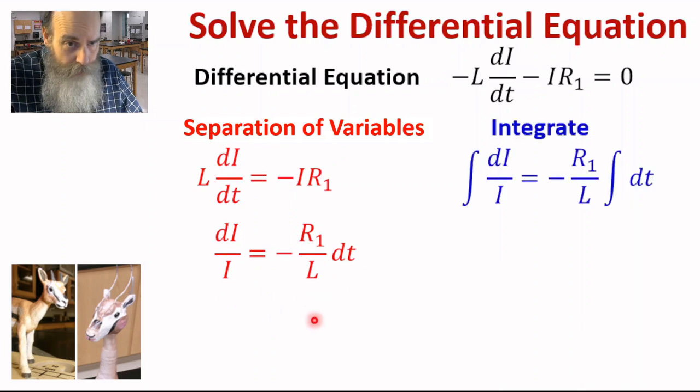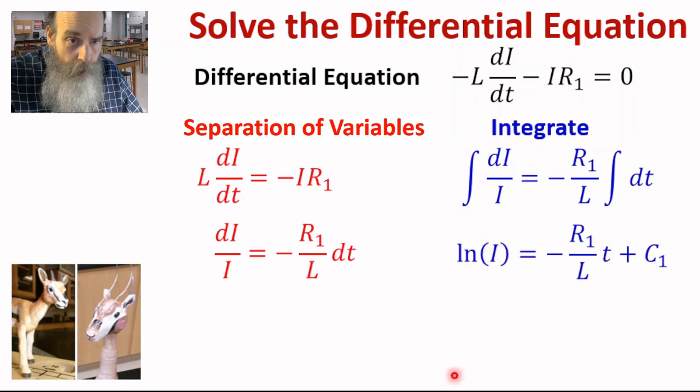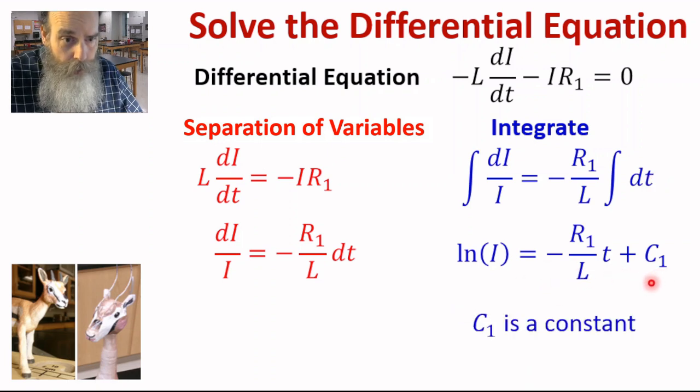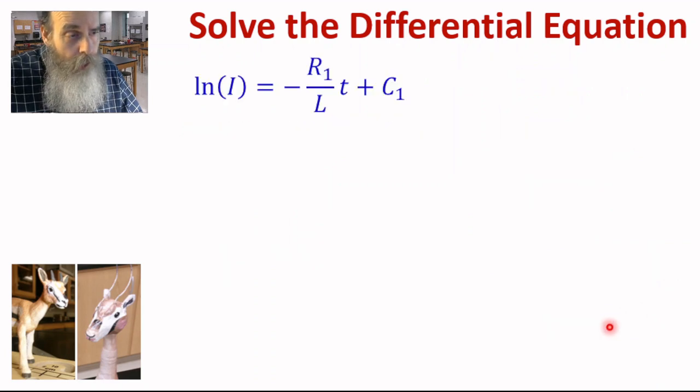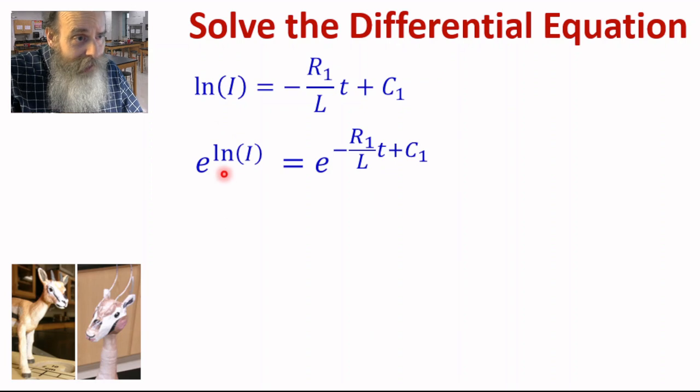Now we can integrate. R1 and L are constant, so I take them out of the integral. This integral is just ln I. This integral is just t. So ln I equals negative R1 over L times t plus C1, where C1 is a constant. We don't want ln I, we want I. So take e to both sides of the equation. e to the ln I equals e to the negative R1 over L t plus C1.